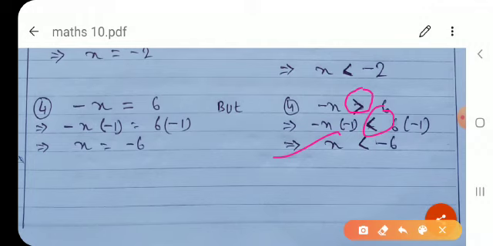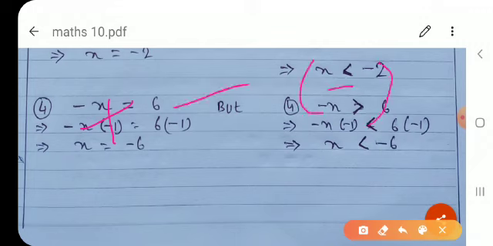So what can we notice? We can notice, children, that in the case of addition and subtraction with negative integers, there is no sign change. But in the case of multiplication and division with negative numbers or integers, the inequality sign changes.